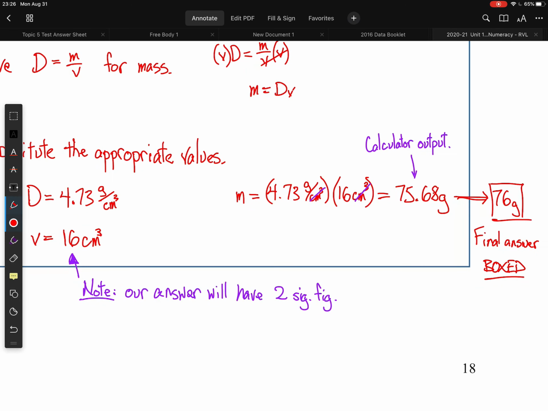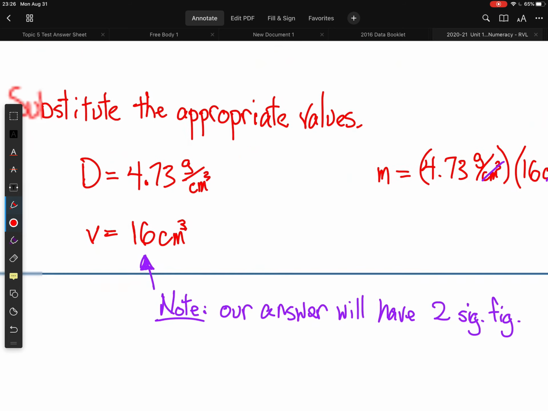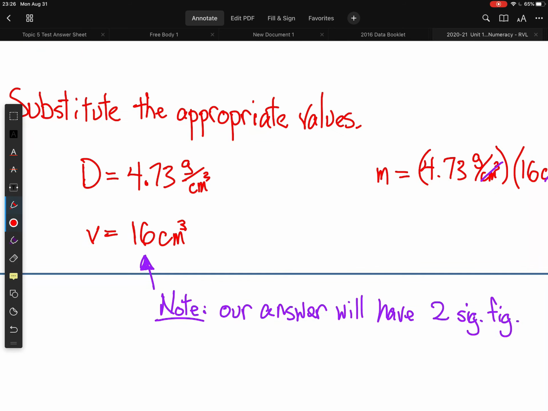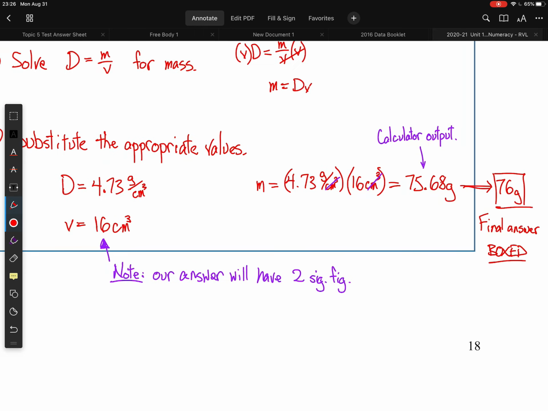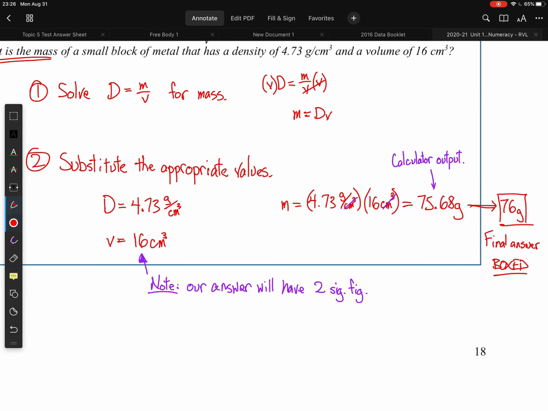We multiply those together. We should also note that we are going to use the least number of significant figures. In this case, the smallest number of significant figures is 2, for volume. So that means that our answer is going to have 2 sig figs.